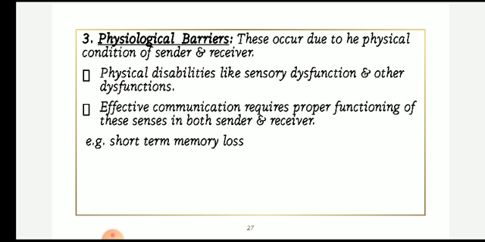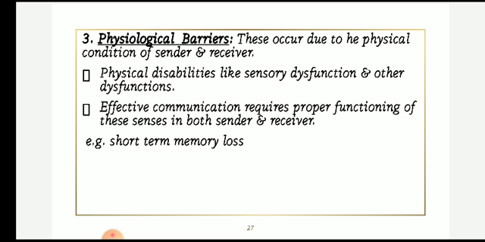Then the causes of physical barrier: environmental, for example raining, wind, thunder, temperature variations, then time and distance, that is the space between two persons. Another reason we discussed was information overflow.